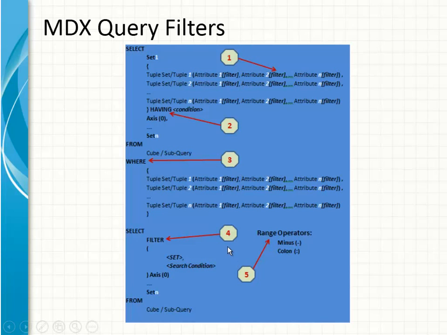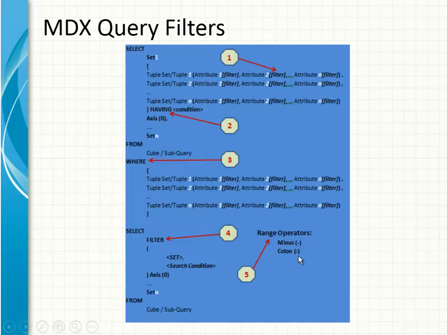In MDX, we have the filter function, so we will see a filter function example as well. And then the fifth way to add filters in an MDX query is range operators. We have two range operators, one with the symbol minus, another is colon, and we'll get to see examples of all of these.